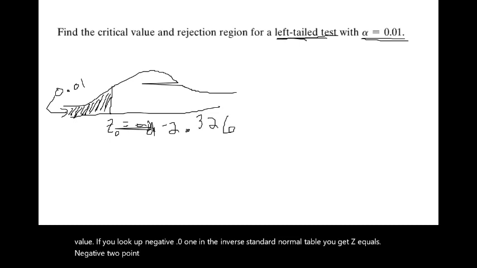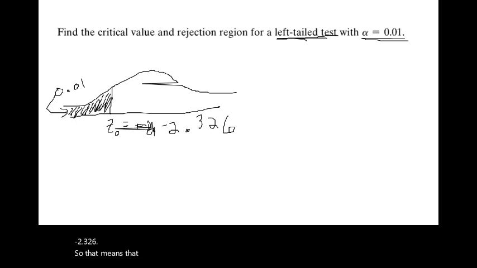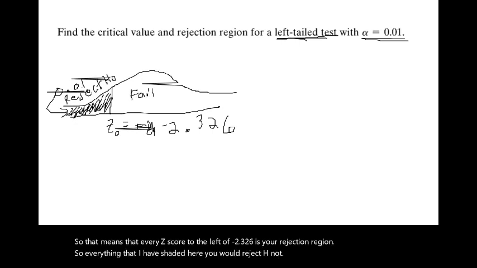That means that every z-score to the left of negative 2.326 is your rejection region. So everything that I have shaded here, you would reject H0. Everything that is not shaded would be fail to reject H0.